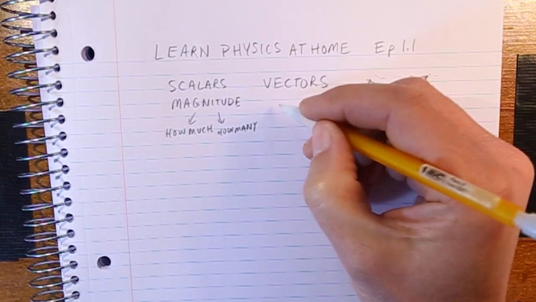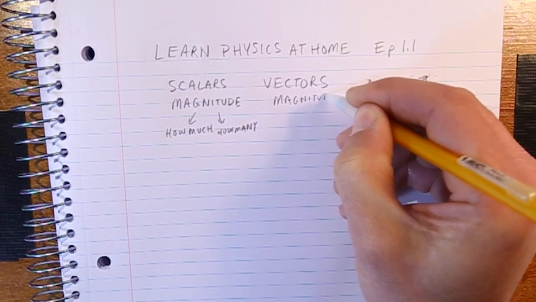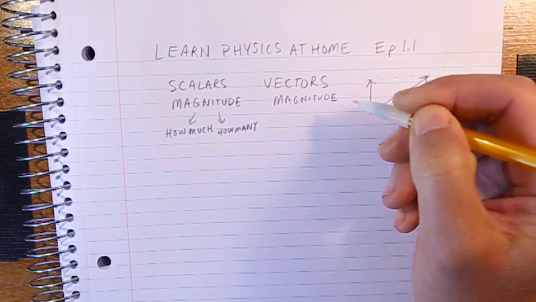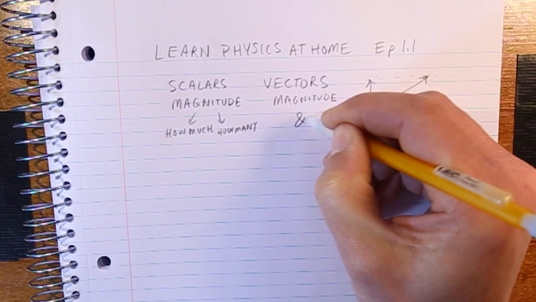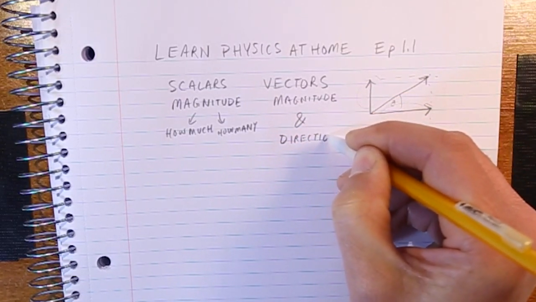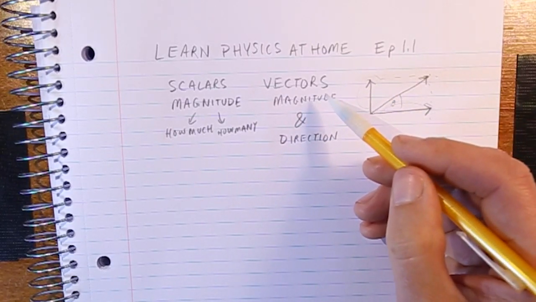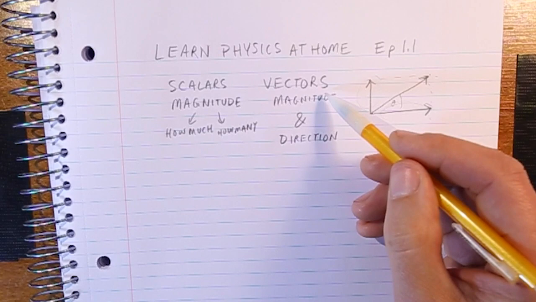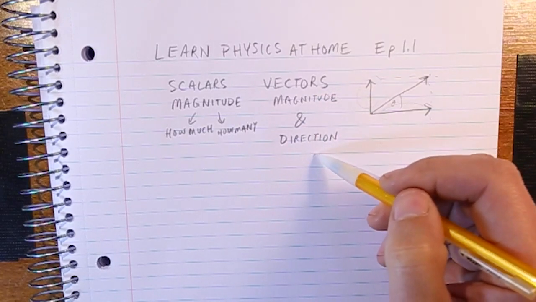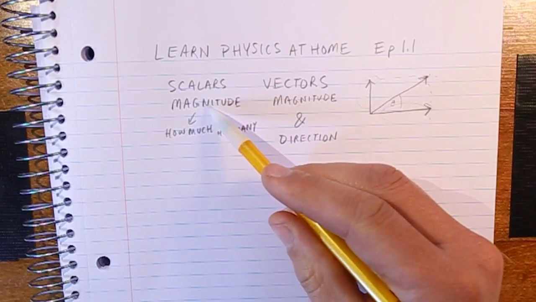But a vector has magnitude, which means that it tells you how much or how many, but it also tells you direction. A good example of this would be velocity. Velocity is not just how fast you're going, but how fast you're going and which way. How fast you're going is called speed, and that's a scalar.